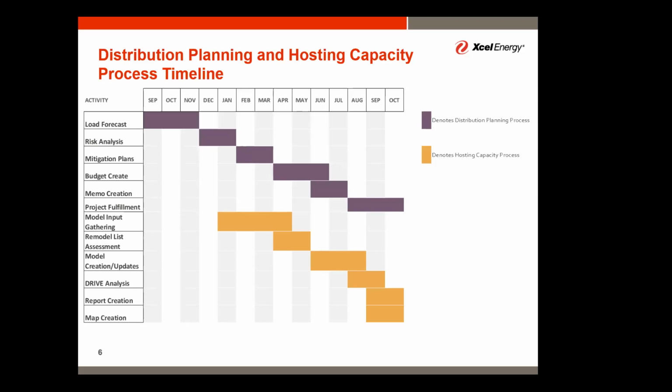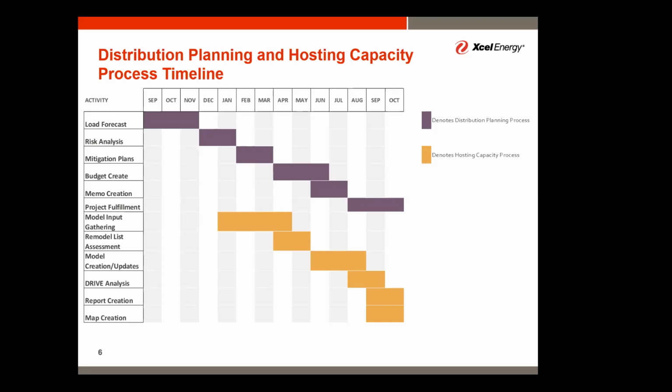So for those who are unfamiliar, distribution planning begins its process with a load forecast on all feeders, planning for any load additions or subtractions. Planners will then create a risk analysis for all their feeders, inspecting any cases of overloads or need for outage transfers.